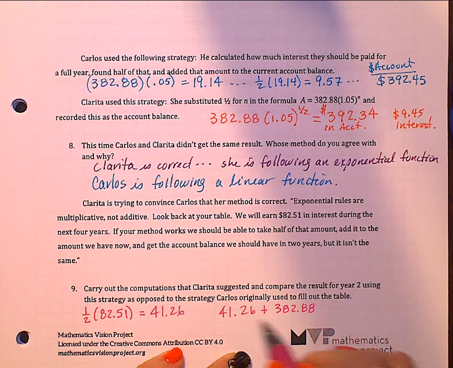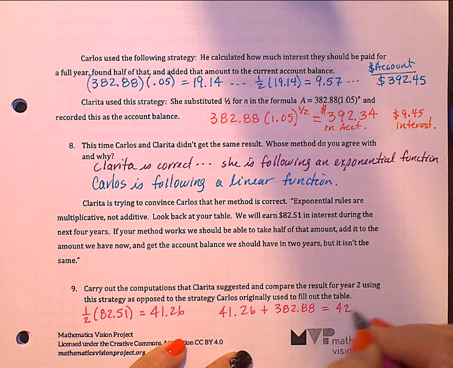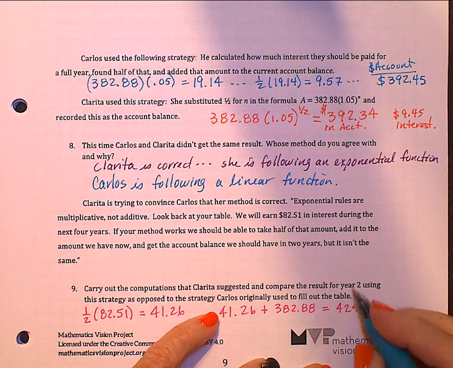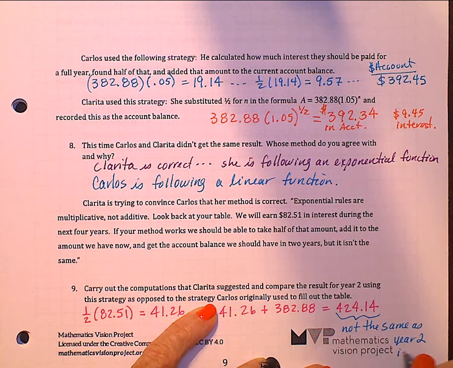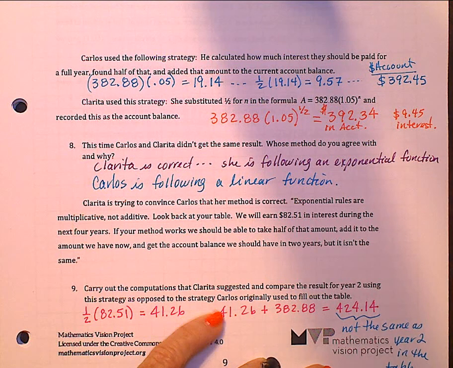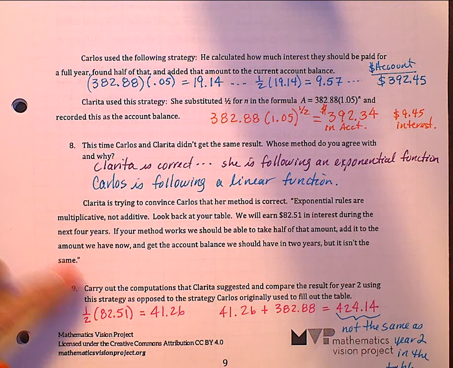When I add these together, though, we get $424.14, which is not the same as year 2 in the table. So Clarita is proving that Carlos's method is incorrect.